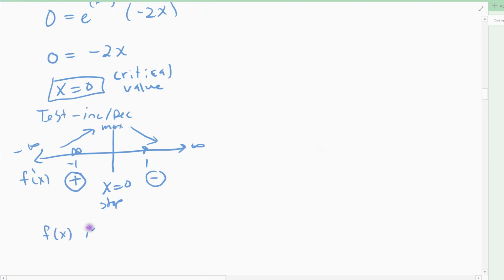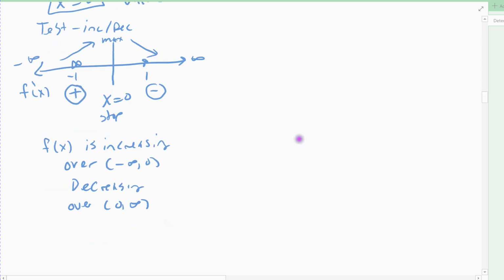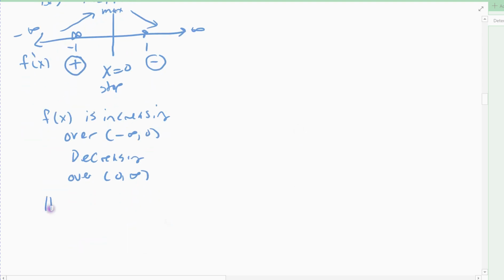All right, so now writing that information out. f of x is increasing over negative infinity to 0, decreasing over 0 to infinity, and has a relative max at the point 0, f of 0.